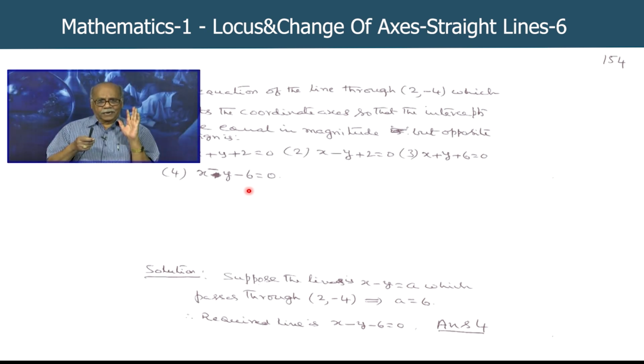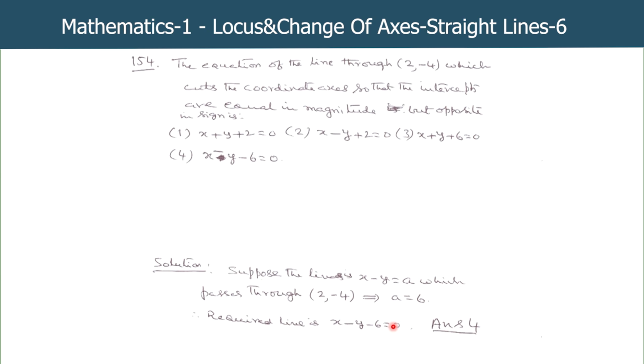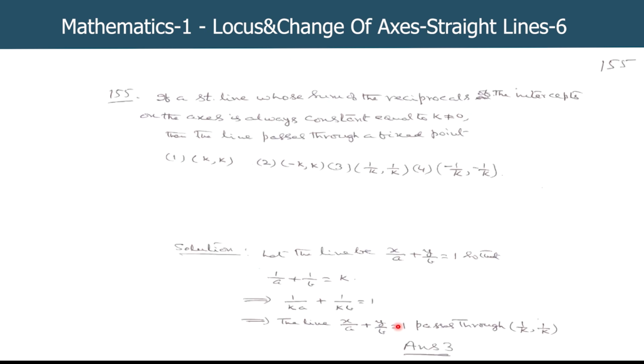So, suppose the line x minus y is equal to a, which passes through (2, minus 4). This indicates a is equal to 6. Therefore, the required line is x minus y minus 6 equal to 0, which is option number 4. Option number 4 itself.